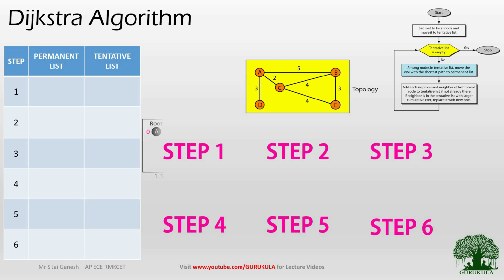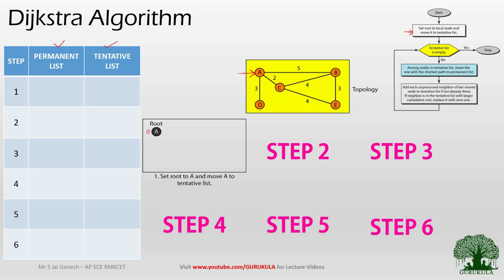Over here, the very first step is to set the root node and then move it to the tentative list. Before we even start the algorithm, we will require 2 lists: one is the permanent list and the other is the tentative list. As per the flowchart, we first set the root node, and I will set A as the root node over here.